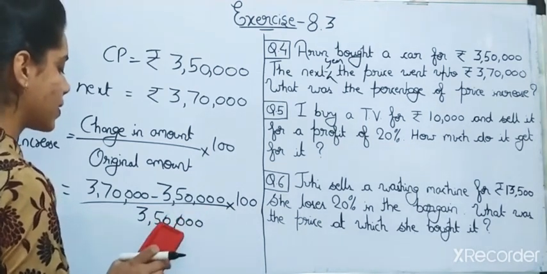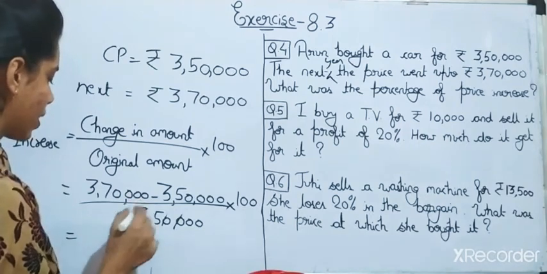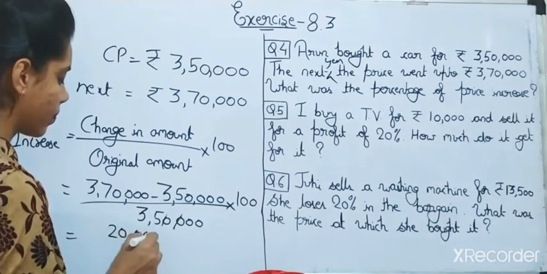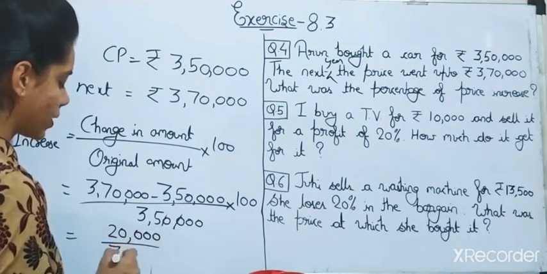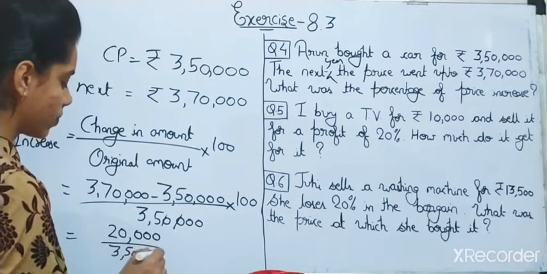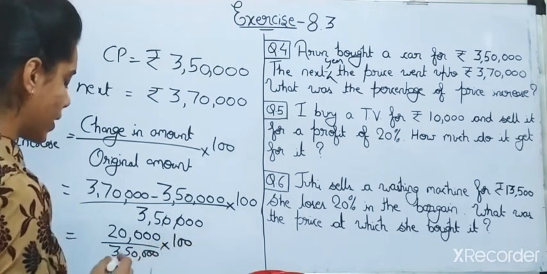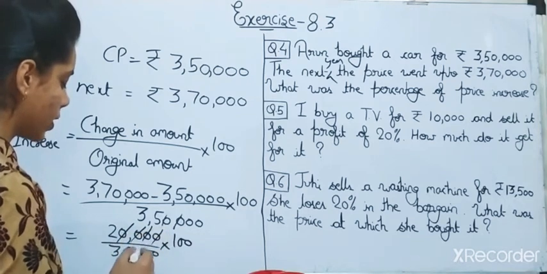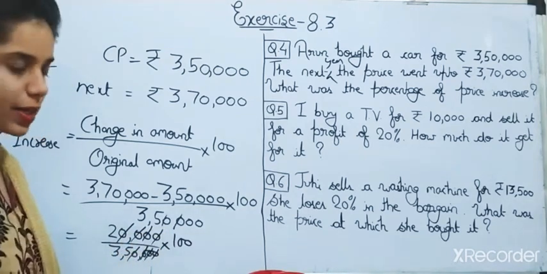First of all we subtract this, so it will come 20,000. 20,000 upon 3,50,000 into 100. Now 40 cancels from numerator as well as from the denominator.